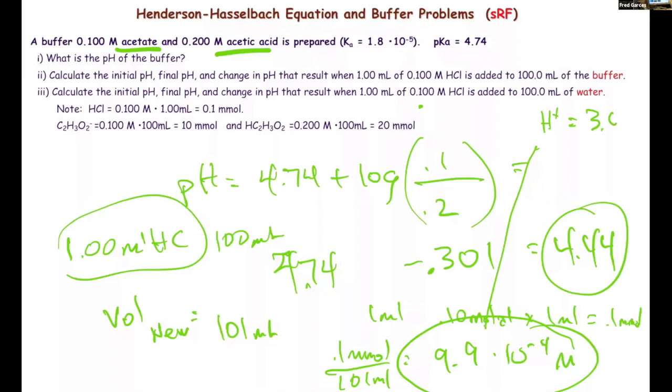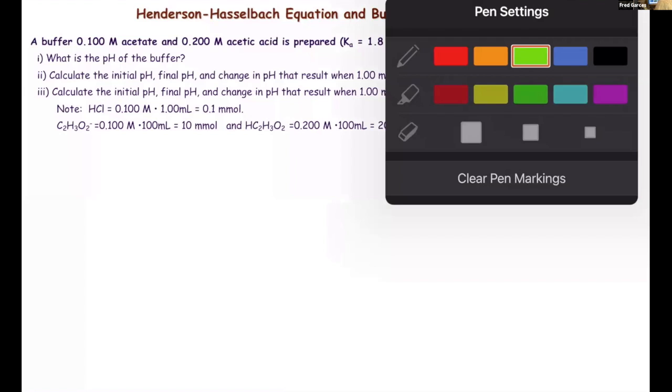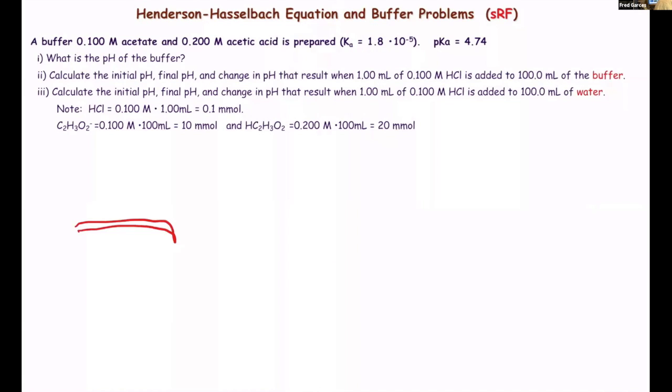So let me show you a picture of what's going on. You have a beaker of water.